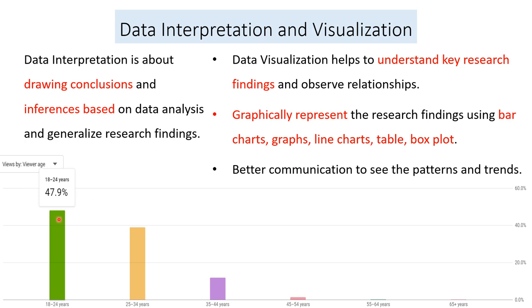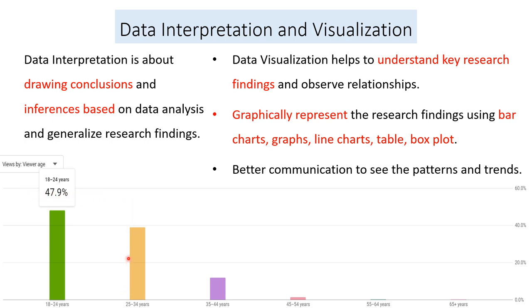For example, look, this is the result of my YouTube channel viewers according to age. As you see from here, the majority of my YouTube channel viewers are from 18 to 24 years old, which is around 47.9, or around 48%.